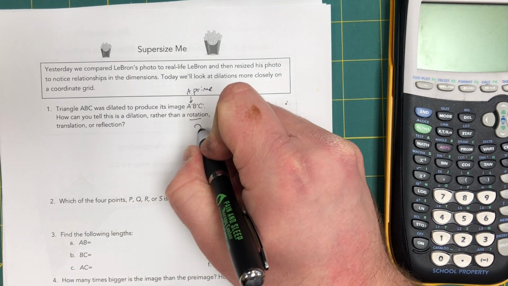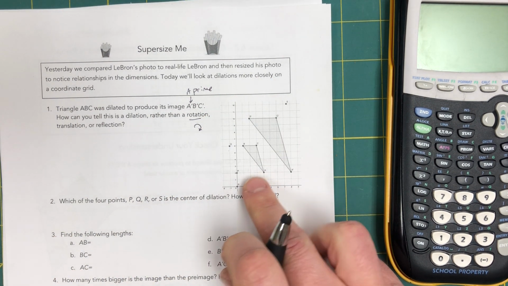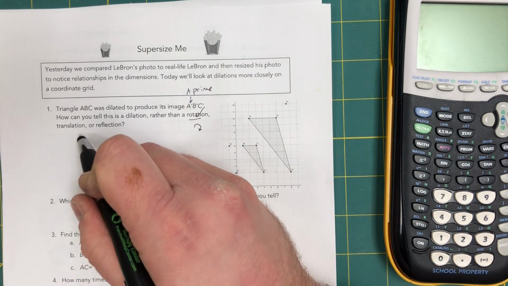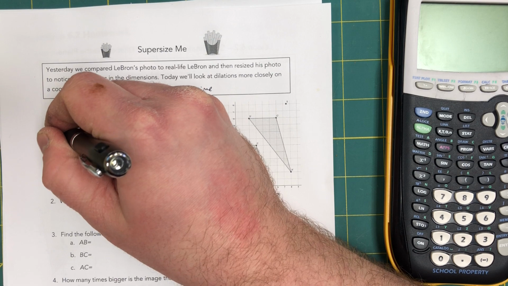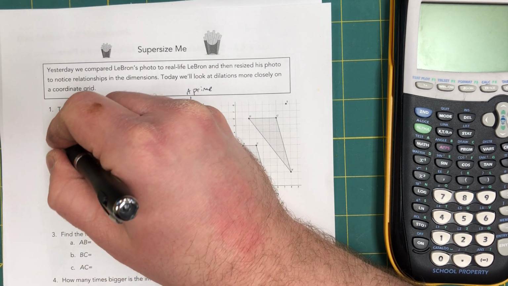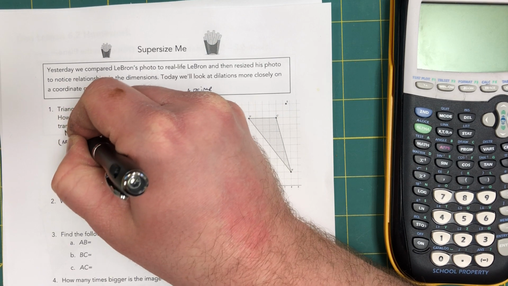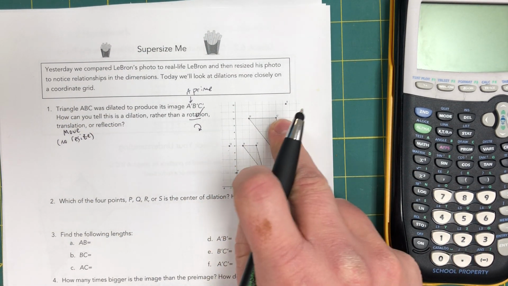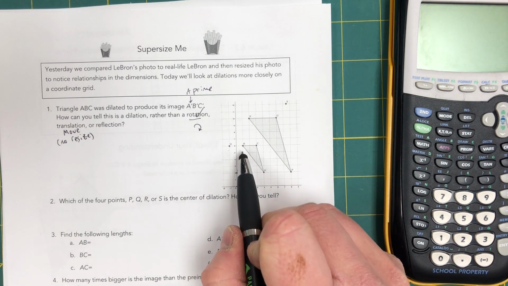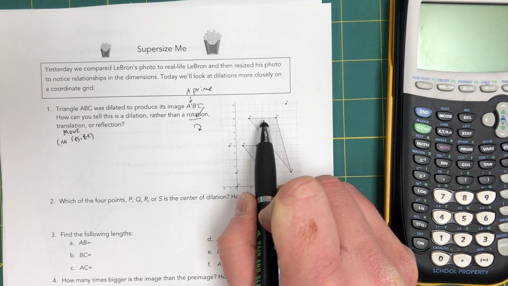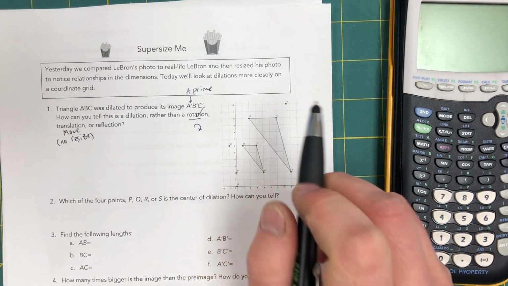Okay, rotation, it rotates. Does this look rotated? No. Well, okay, good. Translation is literally just a move. Move with no resize. So if it moved from here to here and it stayed the same size, well, BC and B prime, C prime are clearly not the same size.